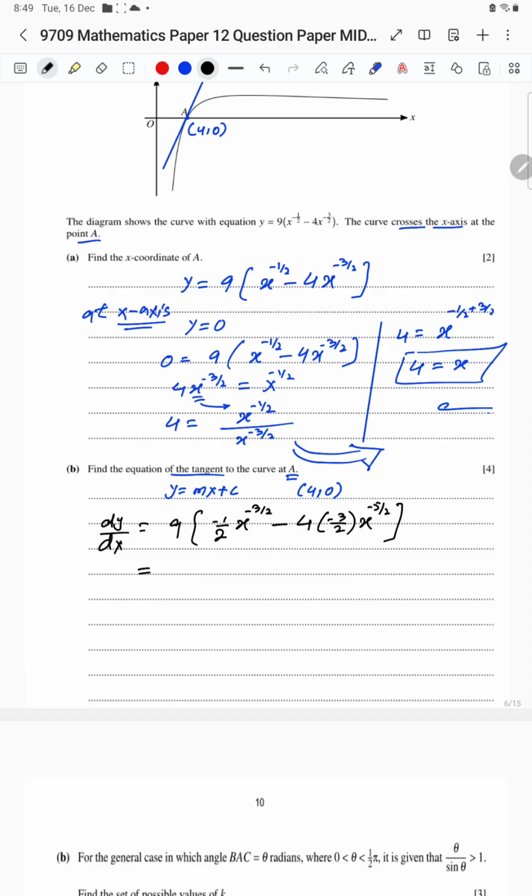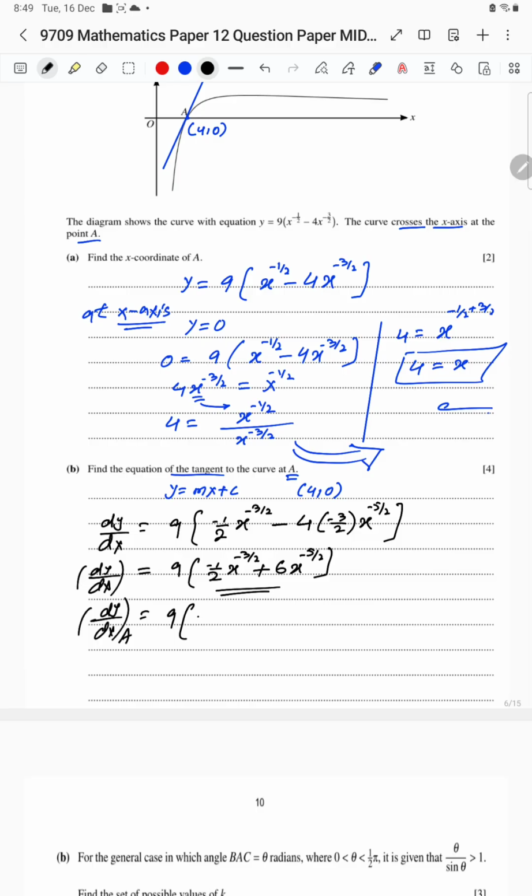Further simplifying, it is minus 9/2 x power minus 3/2 plus 6x power minus 5/2. Now at point A, dy by dx at A, replace x with 4. No need to place y, only x is in this result.